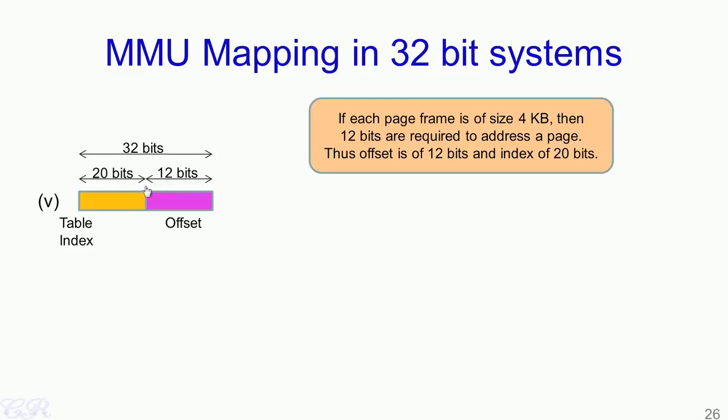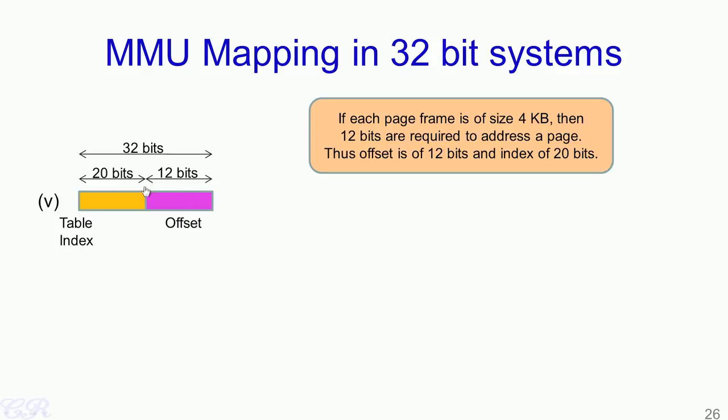How did we get this particular thing is by the fact that each page frame, as we had mentioned in the earlier video, is of size 4 kilobytes. Thus, to access any offset within the page frame would require 12 bits, because 2 power 12 is 4096, which is 4 kilobytes, and therefore, we have an offset which is of 12 bits, which essentially would give the offset within a page.